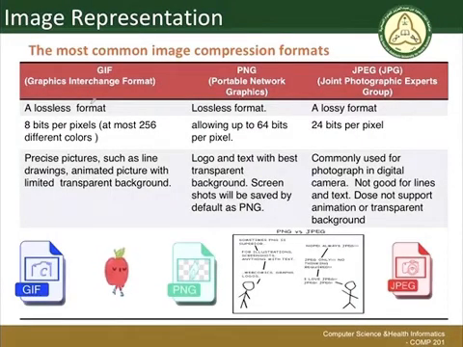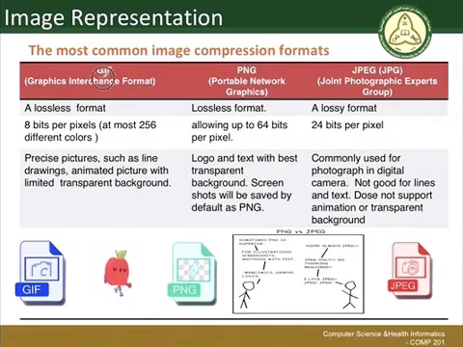So let's talk about the most common image compression formats. We can see them when we click on an image that is stored in the computer and we click on the information. Usually it's the extension of the image, so we have an image dot, for example, something.